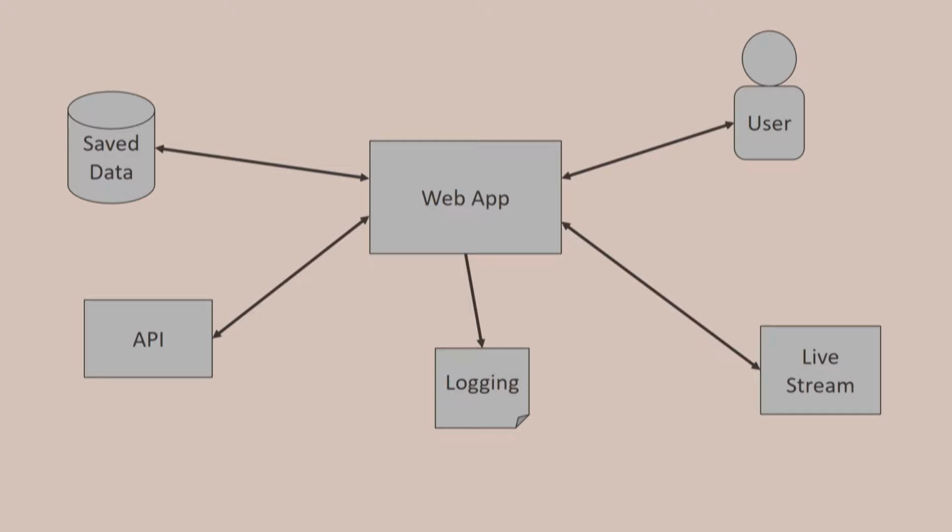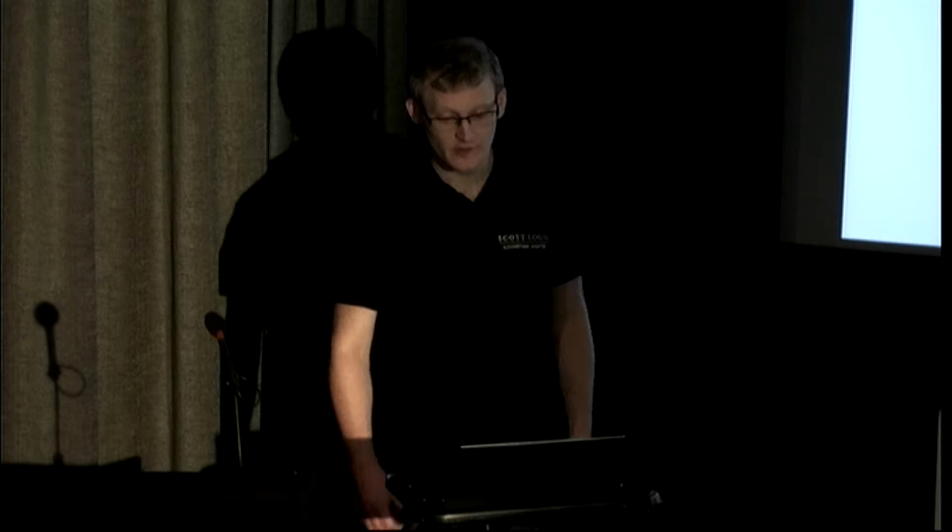We may be reading some kind of data if we've saved some user settings. We'd be communicating with an API to tell the server that something's changed. And of course, in the applications I'm working in, we've also got a live stream, perhaps news, stock info, something like that. So you've got changes to your application coming in from multiple different avenues.